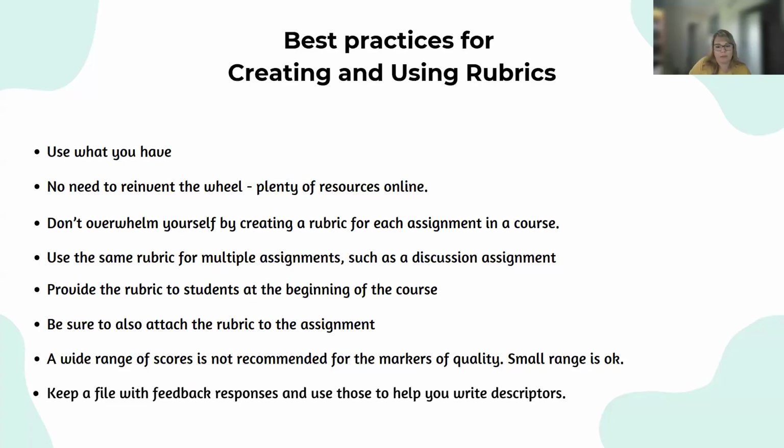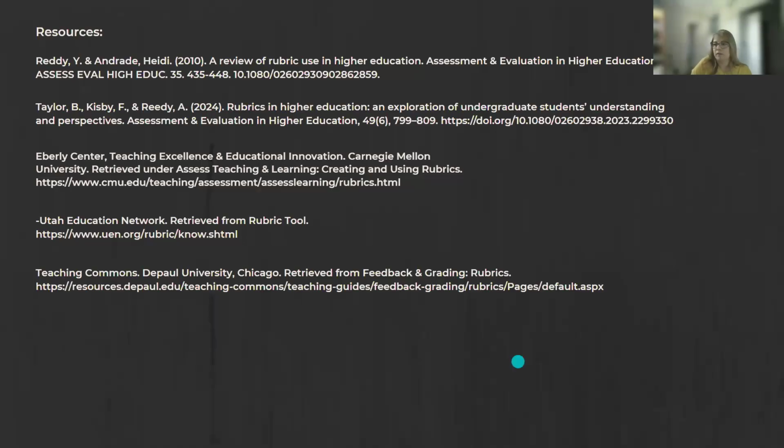And then here is a list of my resources. These two are articles. They're really good at explaining rubrics and how they're used in higher education. And then these three are different universities that have really good web pages on writing rubrics and stuff like that.